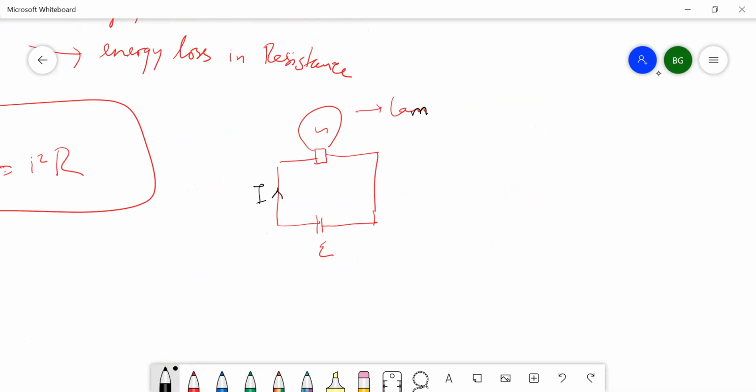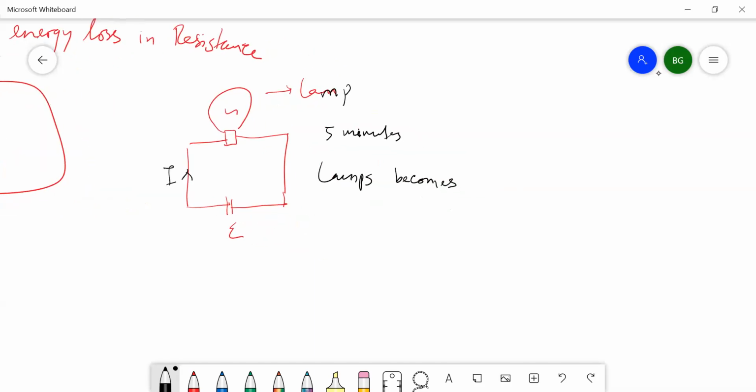If you turn on the lamp and connect it with this voltage source for several minutes, let's say 5 minutes, then the lamp becomes not hot, but less than hot. Warmer.